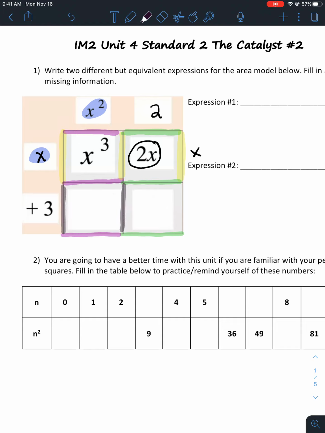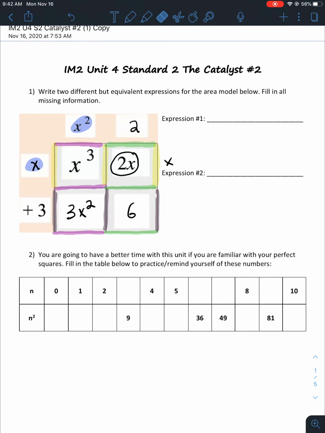So these are the same. So those are 3s, but the purple is still x squared. So it's going to be 3 times x squared, which is 3x squared. And then it's going to be 3 times 2, which is 6. So if you're following, you see the yellow lines are the same, the gray lines are the same, the purple lines are the same, the green lines are the same, which makes sense when you think about the information that they gave you.